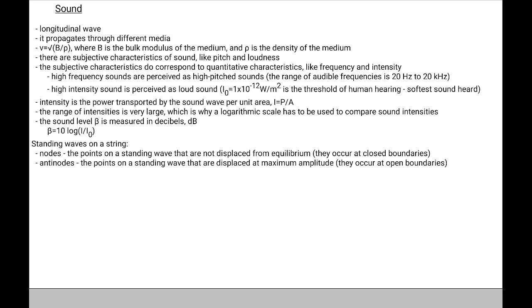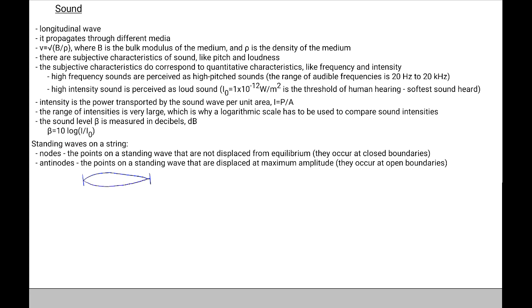So let's look at a standing wave, and here we have a standing wave that's bounded. At the boundary we have nodes. Here is the first pattern that the wave can make.